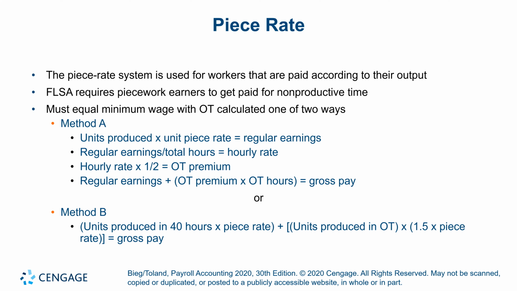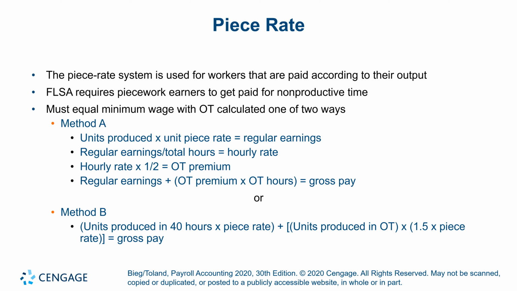Method B, we take the units produced in 40 hours times the piece rate, and then we add that to units produced in overtime times 1.5 the piece rate to get gross pay. It shows you an example of this on page 2-27.